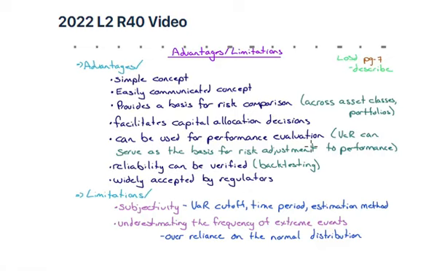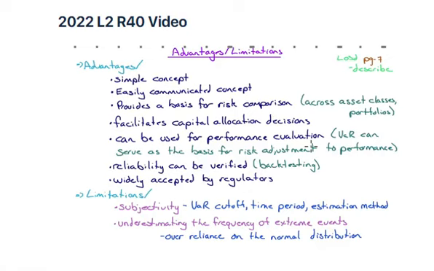So you can come up with an expected return and a standard deviation on the portfolio, and then backtest it on the returns on that portfolio, to see if you're calculating a 5% VaR, to see if actually 5% of the time the portfolio did have that minimum loss. Widely accepted by regulators.